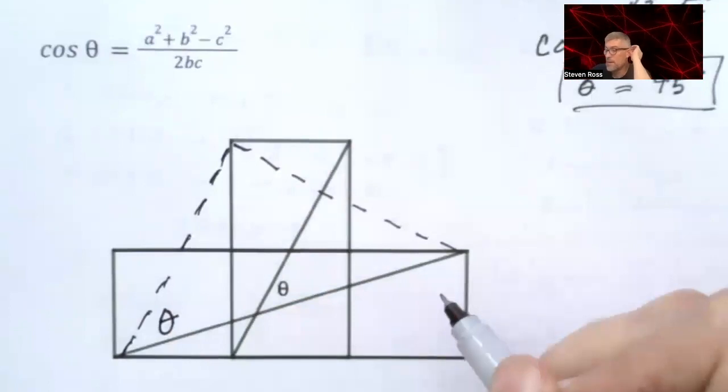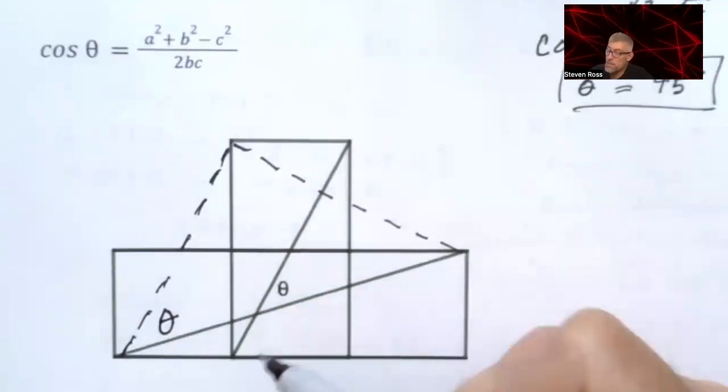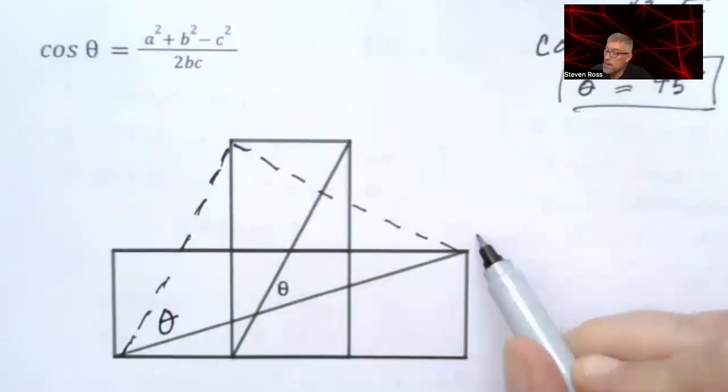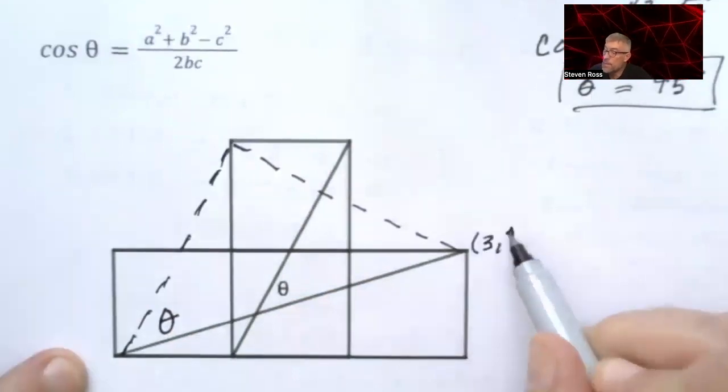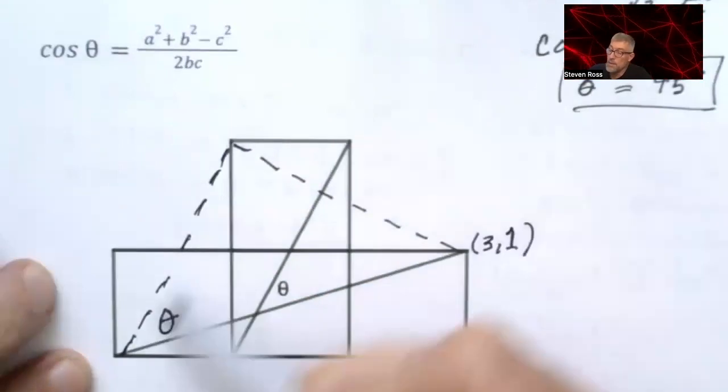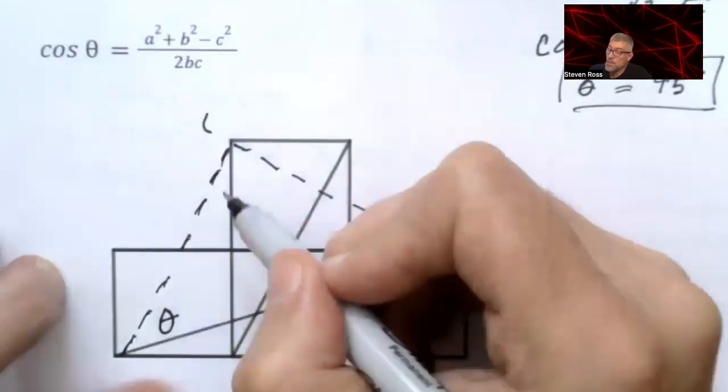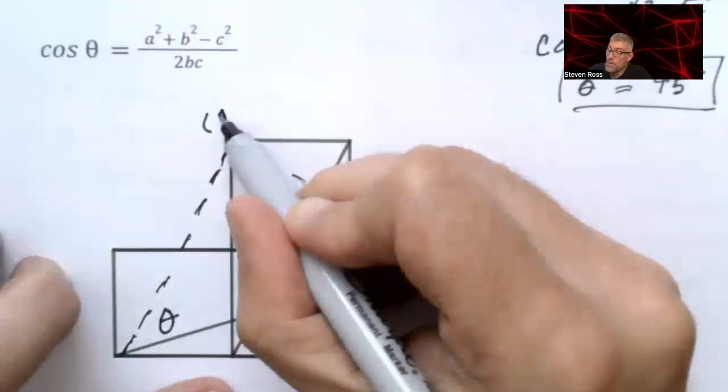So I've already done a little bit of this in the previous problem, but let me go ahead and do 3, 1. And then here is 1, 2.